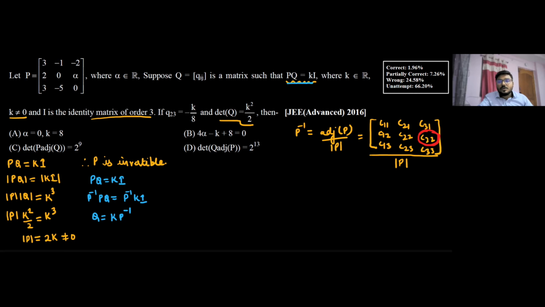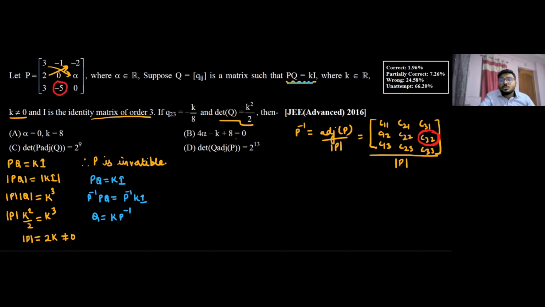Okay. So let's go to this P matrix and go to the element 3, 2. 3, 2 means this minus 5. All right. So I only have to calculate the cofactor corresponding to this element minus 5. Let's calculate. So corresponding to minus 5, the cofactor is 3 alpha plus 4.